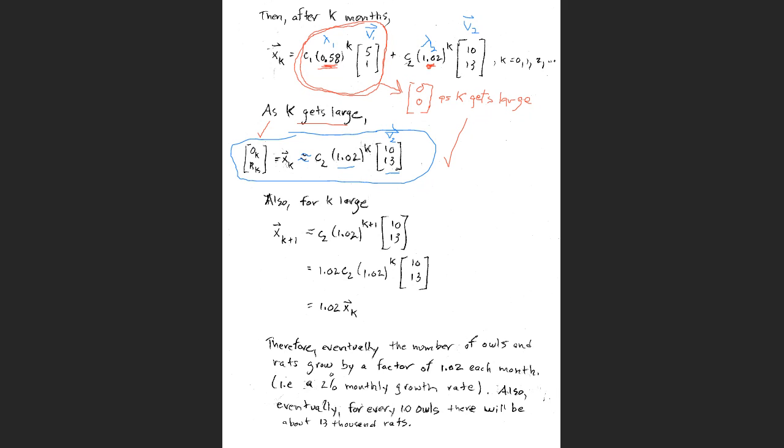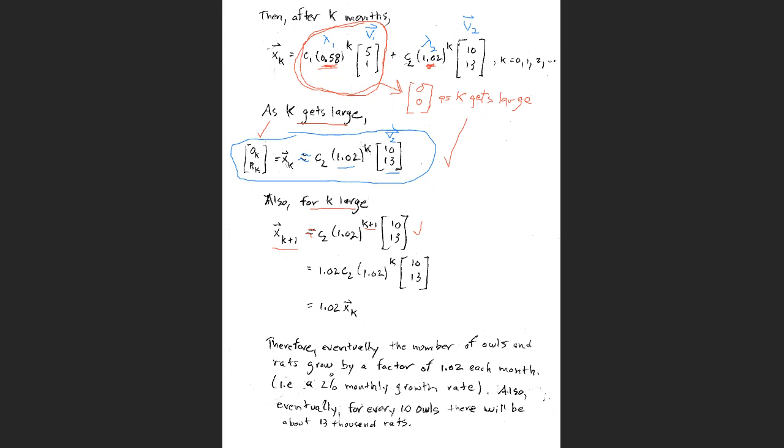But for now, for k large, this means after many months, the population in the k plus first month is going to be approximately equal to C2 times 1.02 to the k plus first power, times the vector (10, 13).